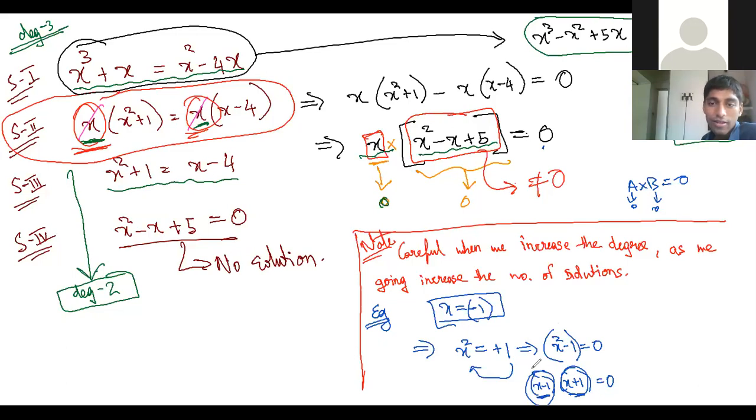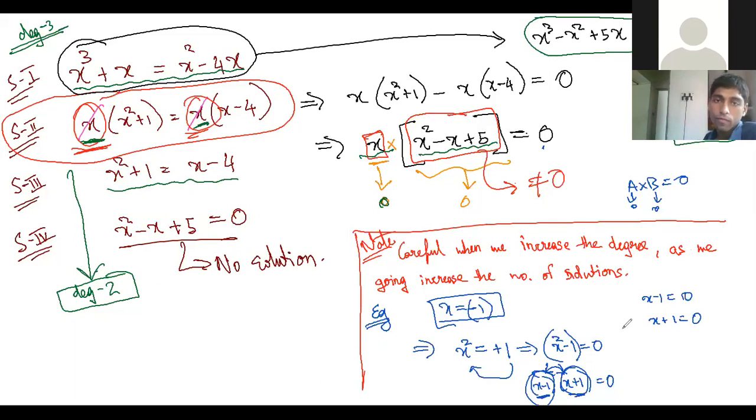Is there any value of x for which both of them will be 0? When x -1 is equal to 0, it is possible. Is it possible that x +1 is also equal to 0?